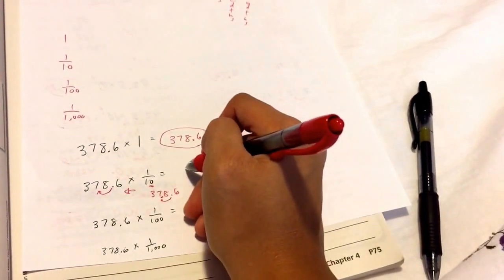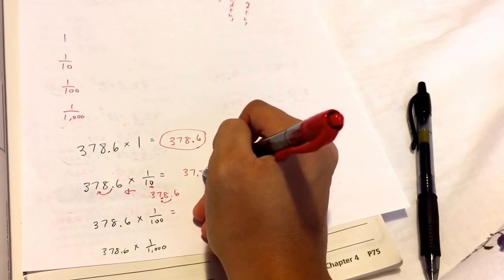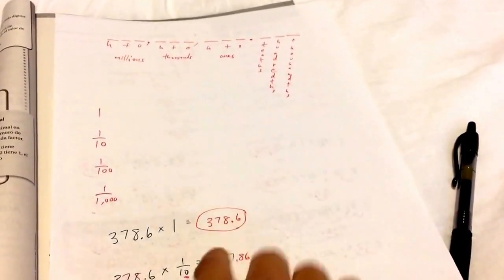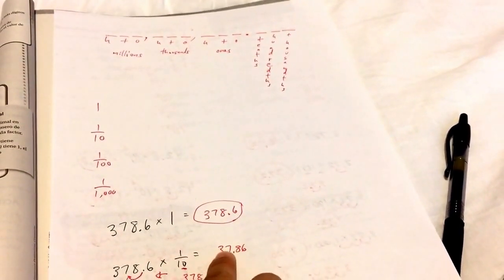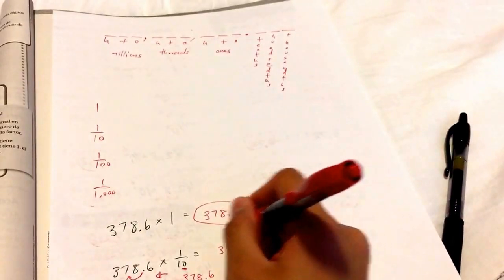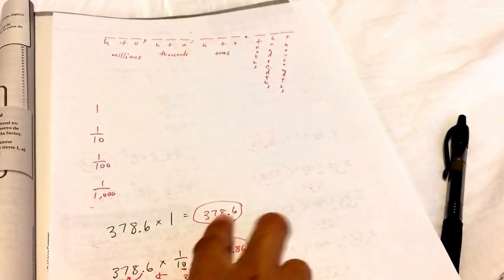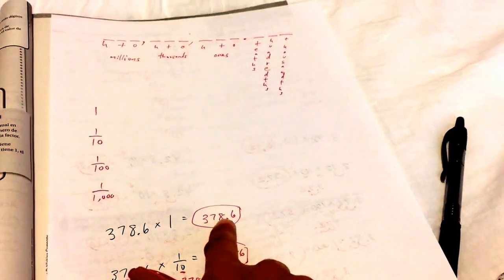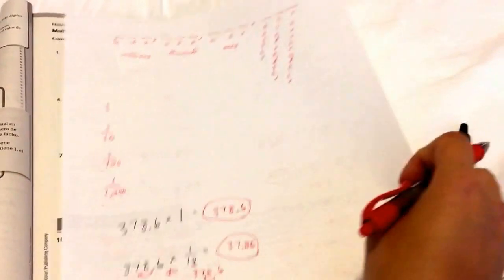And so our answer is going to be 37.86. Okay, and that number is tens, ones, decimal, 37 and 86 hundredths. So here it was 378 and 6/10, and now you moved it 1 time to the left, 37 and 86 hundredths.